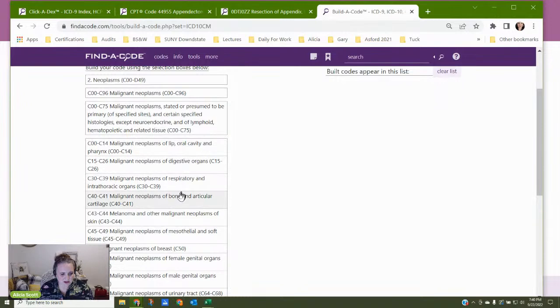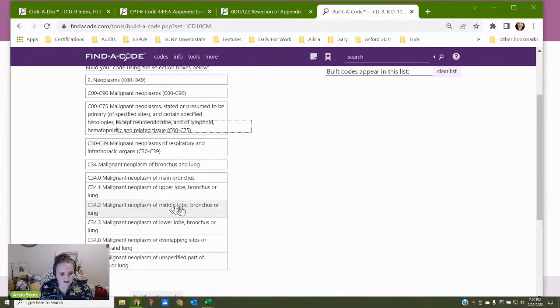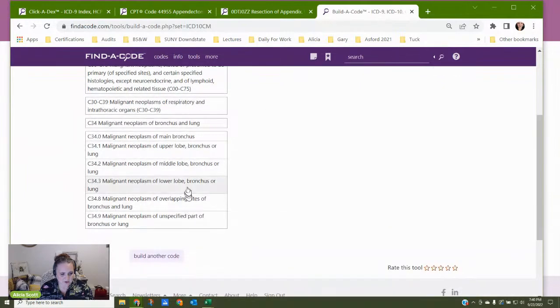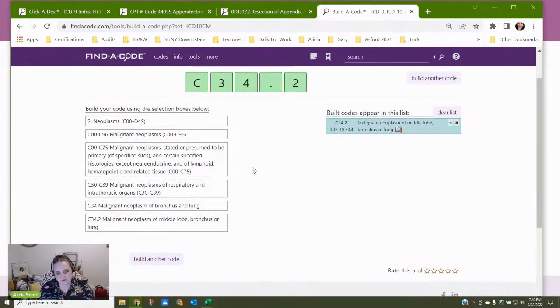No, I want the lungs, respiratory organs, and I want to do nasal cavity, bronchus and lungs. Then we'll just pick middle lobe bronchus, and then it allows me to just keep building C3-4. And you can do this with CPT as well. Very helpful, I think. Really, really beneficial.